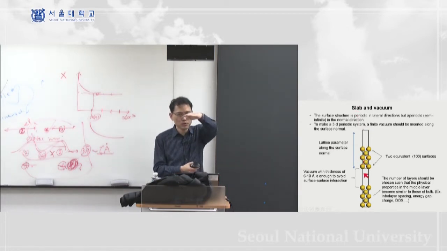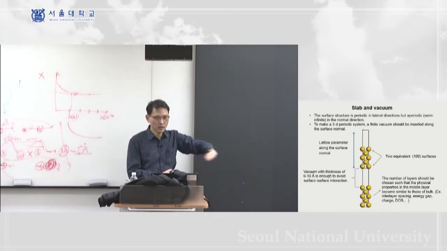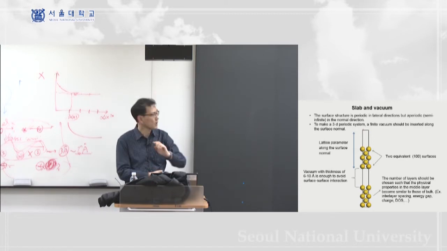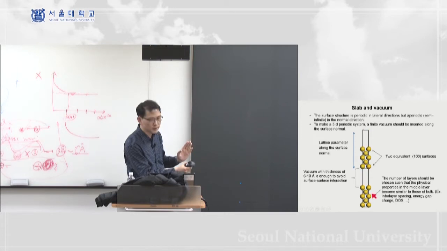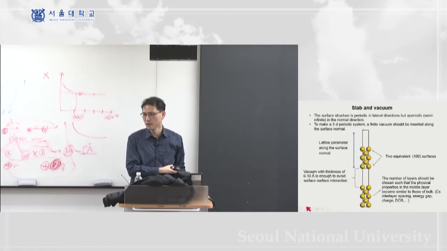The real surface would be a semi-infinite material, but rather than that, we cut it in the other direction and make these two surfaces, up and down. We call this structure a slab. And by inserting vacuum between the neighboring slabs, we can make a periodic model of the surface.